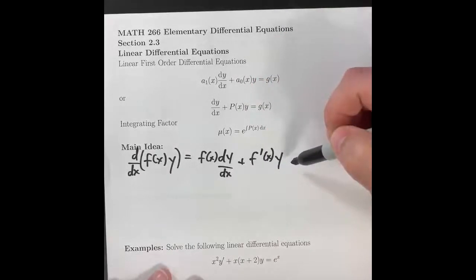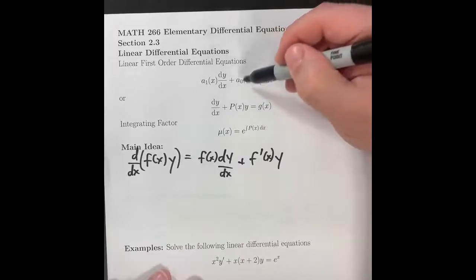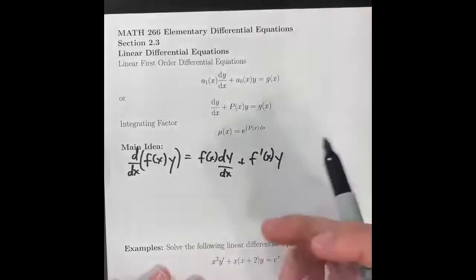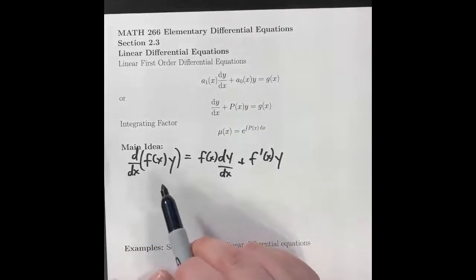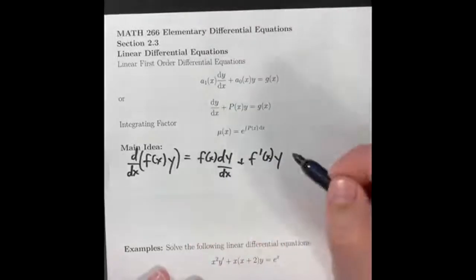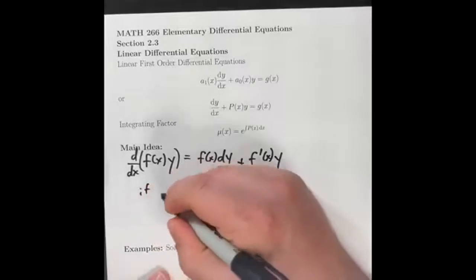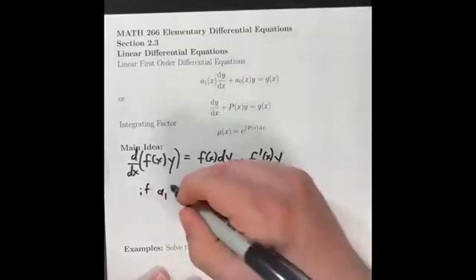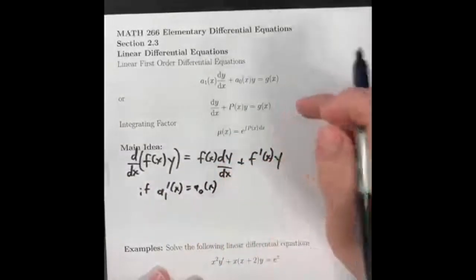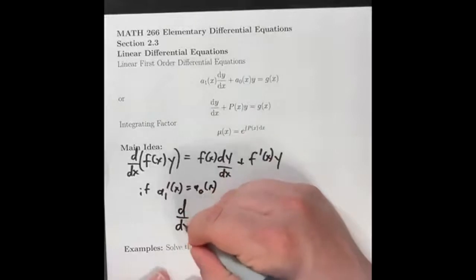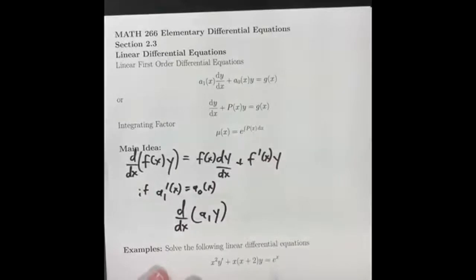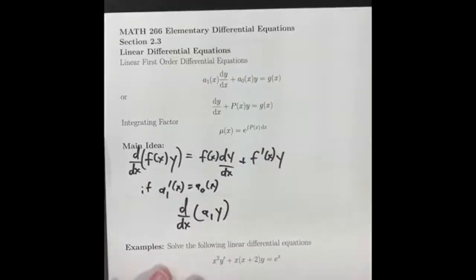We have a dy dx, we have a y. If this a0 here was the derivative of a1, we could rewrite that as a derivative of a product. So if the derivative of a1 equals a0, you could rewrite that as the derivative with respect to x of a1 of x times y.